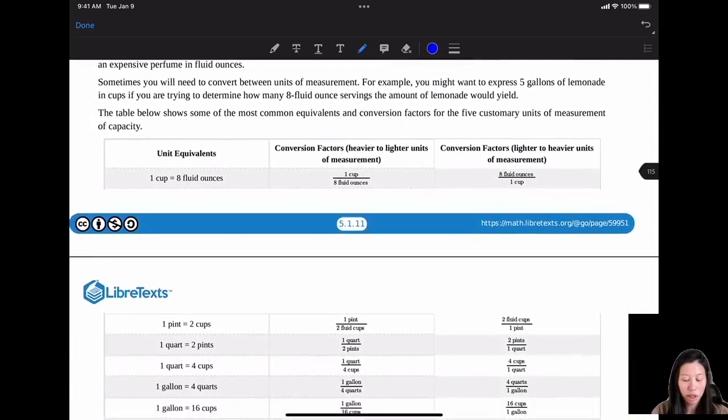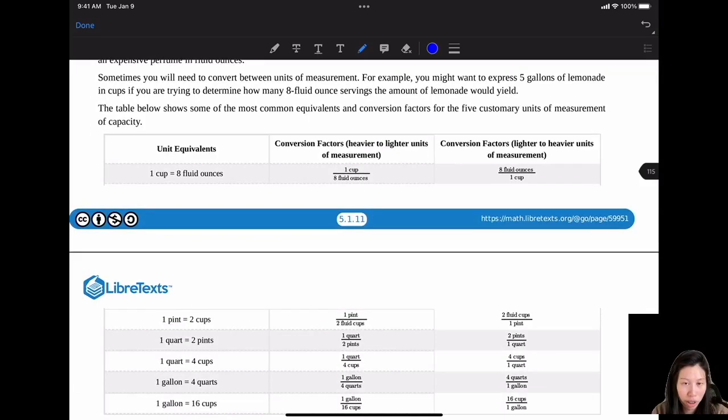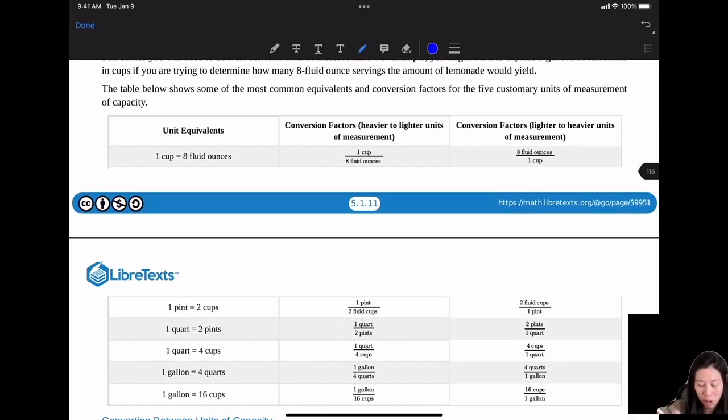So 1 cup equals 8 fluid ounces, 1 pint equals 2 cups, 1 quart equals 2 pints, and then 1 quart equals 4 cups, and 1 gallon. Okay, this is way too complicated. Let's do it from the largest one to the smallest one.